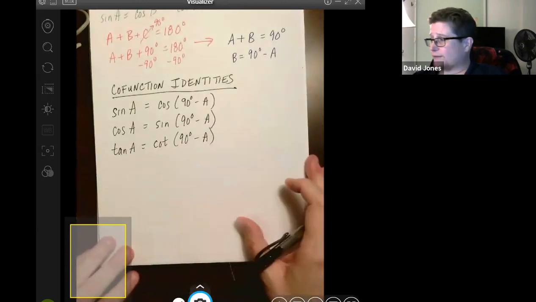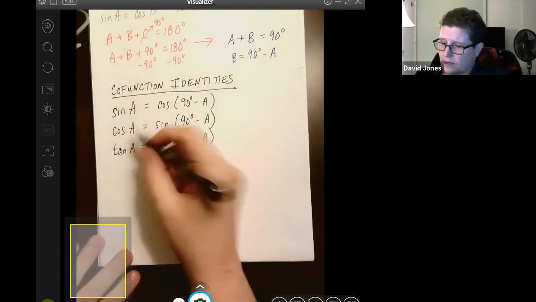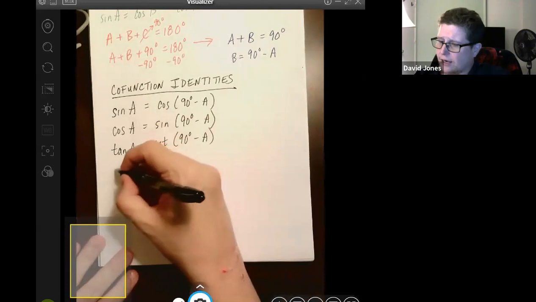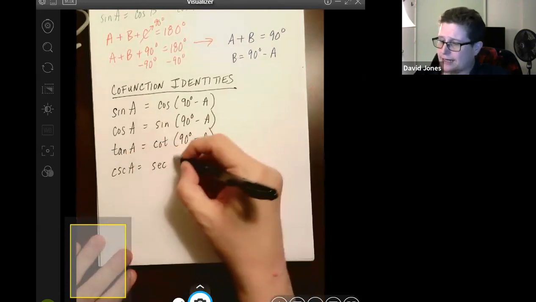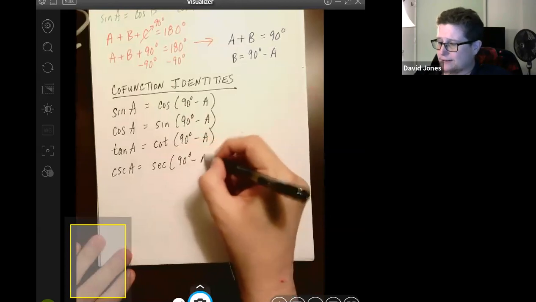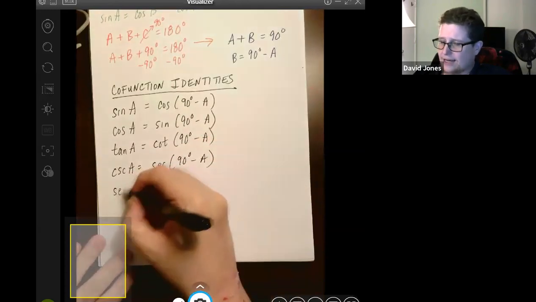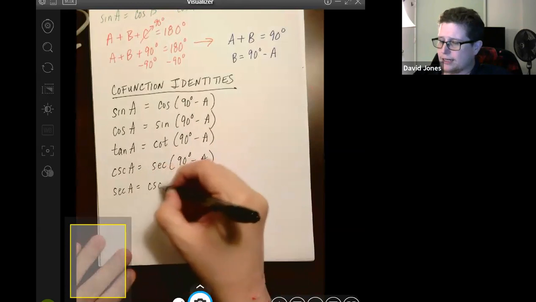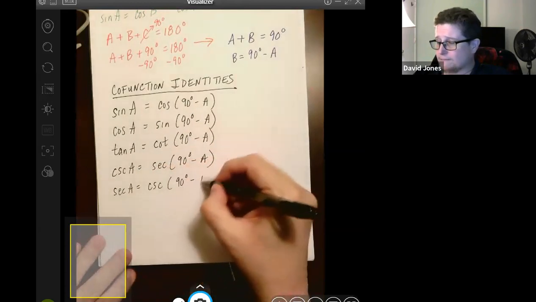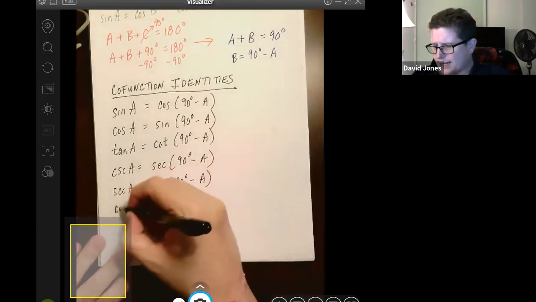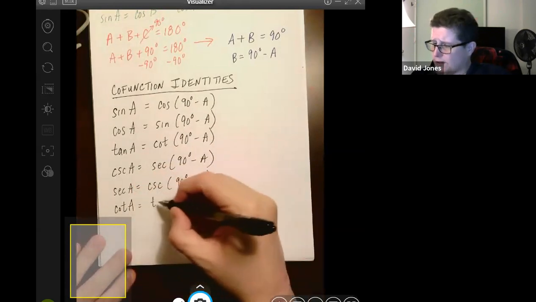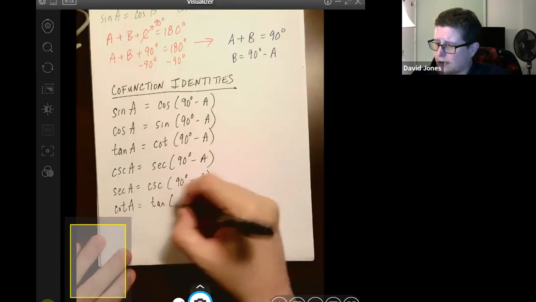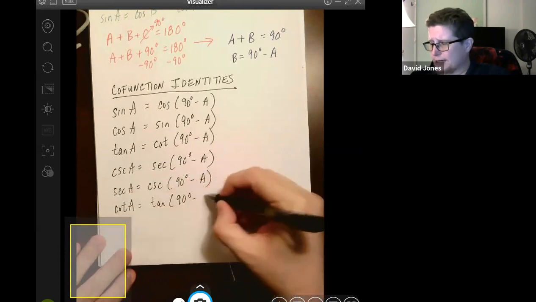We also have cosecant; we just flip each of these over. Cosecant A equals secant of 90 degrees minus A. Secant of A equals cosecant of 90 degrees minus A. And we flip over tangent, we get cotangent, and flip over cotangent, we get tangent.